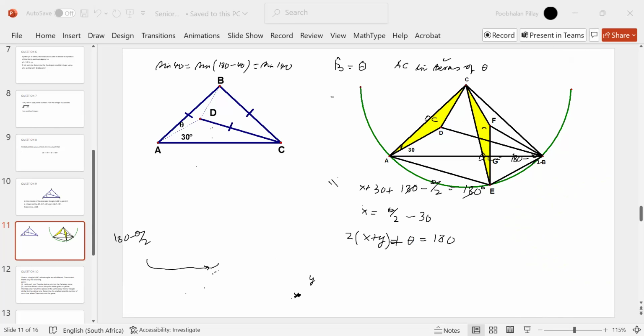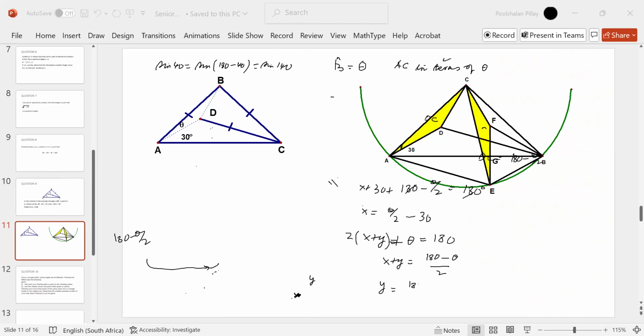This is an isosceles triangle. So this x plus y is the base angle of the isosceles triangle, so these two are equal. So twice this plus, remember that was theta right in the beginning. So you got x plus y is 180 minus theta divided by 2. Right, so you got x plus y. So therefore, you can calculate y.